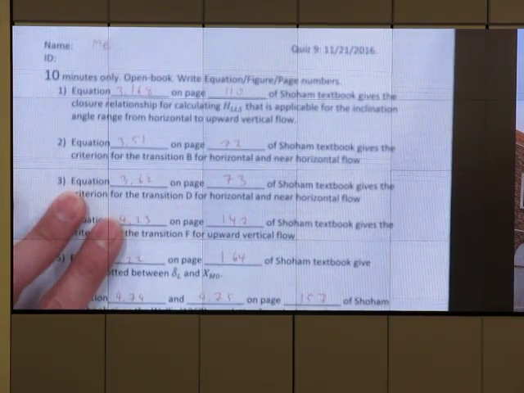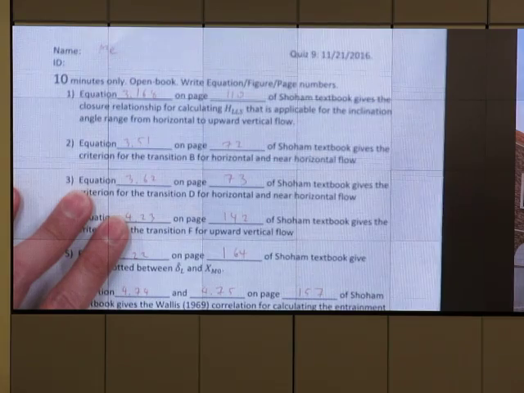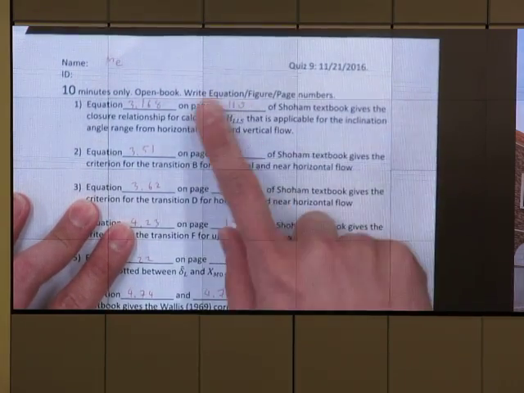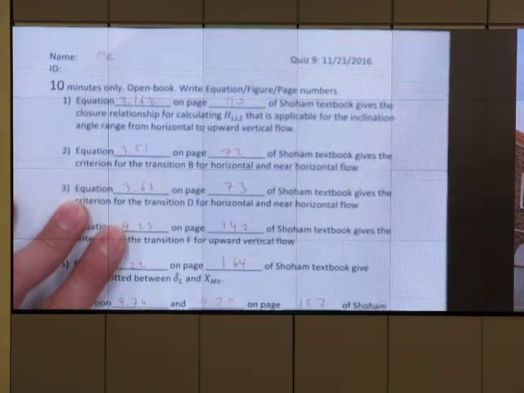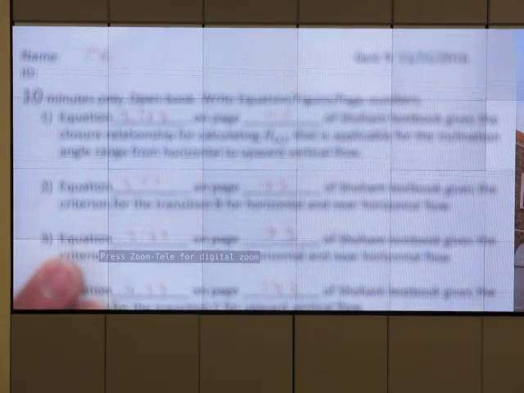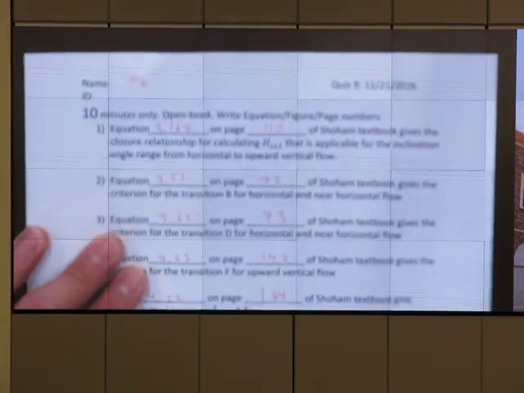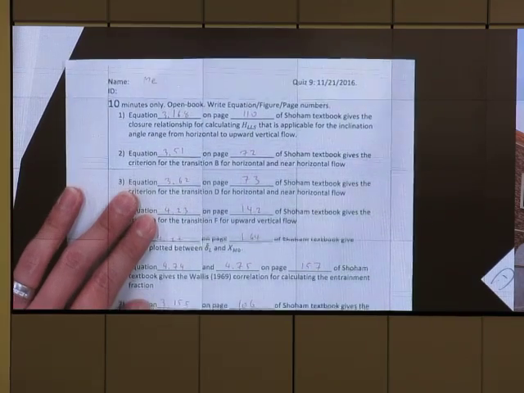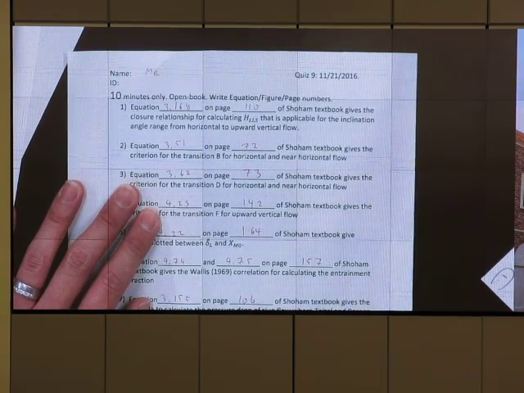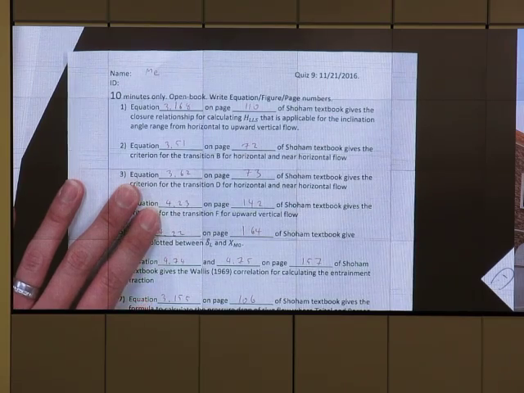Question 1. Equation 3.168 on page 110 of the textbook gives the closure relationship for calculating HLLS that is applicable for the inclination angle range from horizontal to upward vertical.